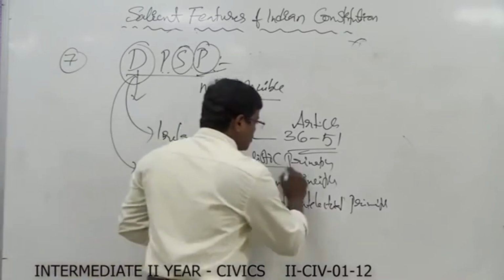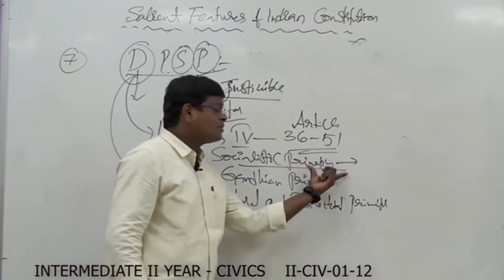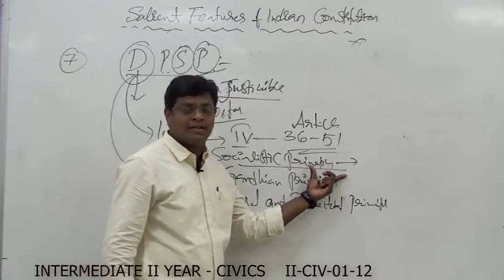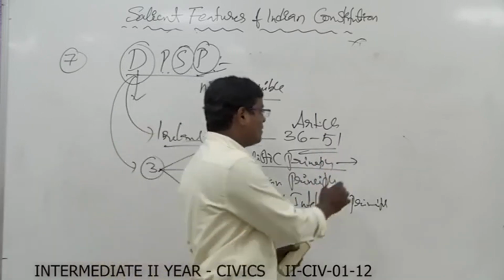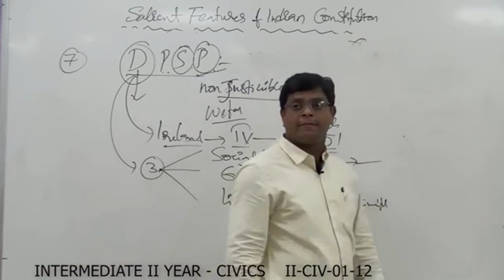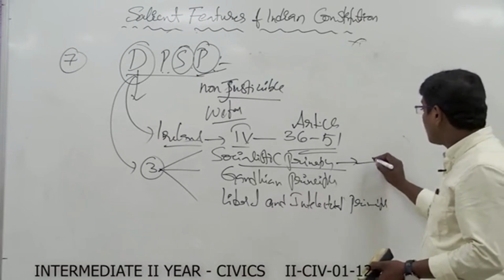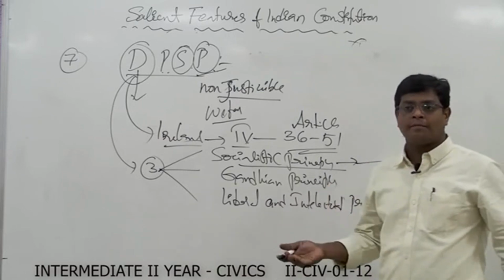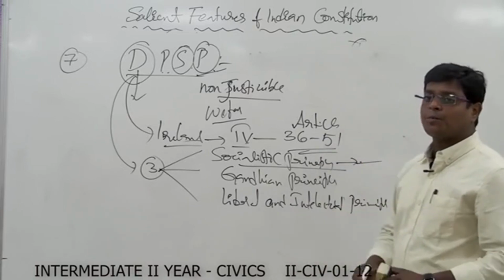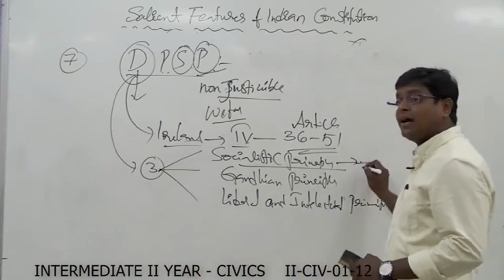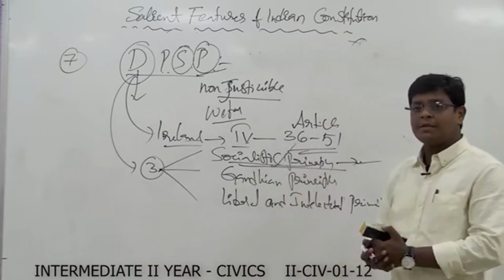Here, the socialistic principles are the principles meant to convert India into a socialist country. For example, distribution of wealth, elimination of inequalities, providing equal pay for equal work, providing work to the citizens of India, and also promoting health and providing nutrition. These come under socialistic principles.